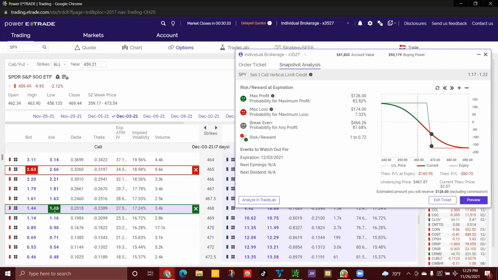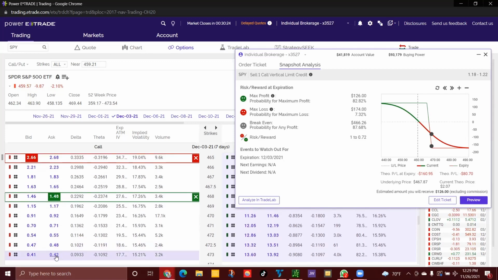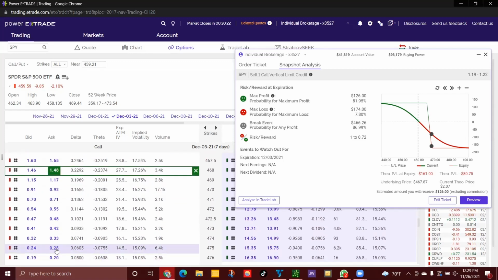You're going to sell it in the same order, take the profit on it, and you're going to buy further back, say hypothetically, the 475.